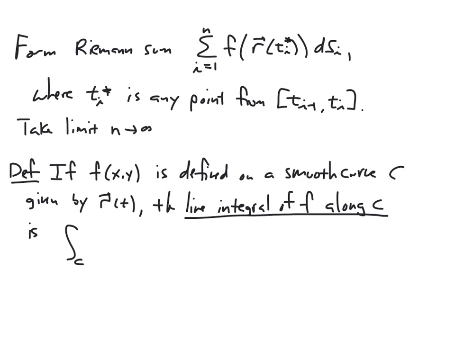So we're going to do an integral sign with a subscript of C of our function. So the C will be our curve. It'll be ds with respect to arc length. And the definition is that the limit as n goes to infinity of this Riemann sum that I have above.